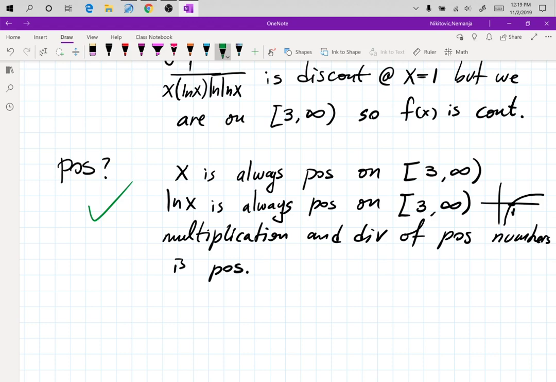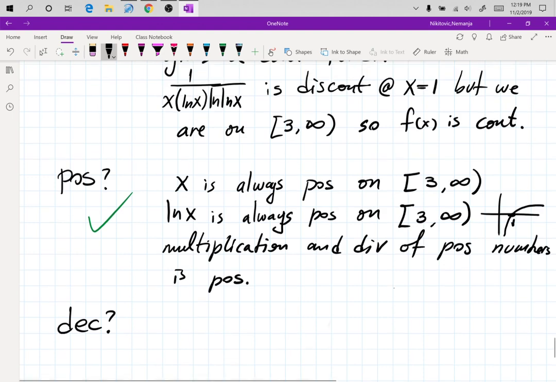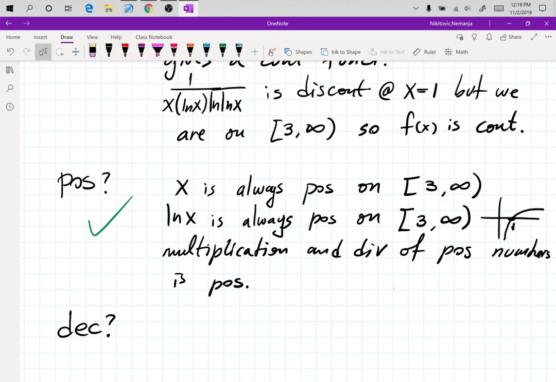And now we get to decreasing. Now we have choices. Product rule for x ln x and then times ln x. Well, the derivative over here might be a little bit tricky. Luckily, there are two worlds that we can use to show decreasing.